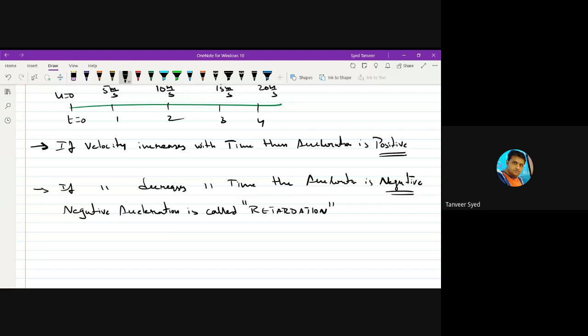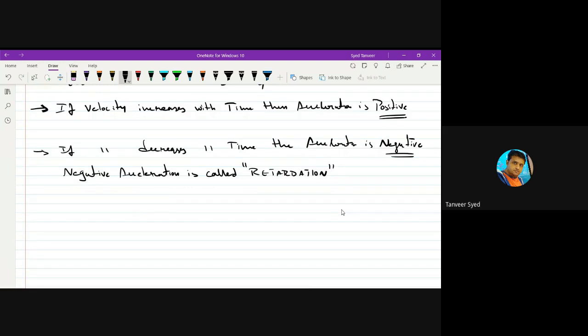The name we are giving: negative acceleration is called retardation, or it is also called deceleration, not deacceleration. Deceleration.